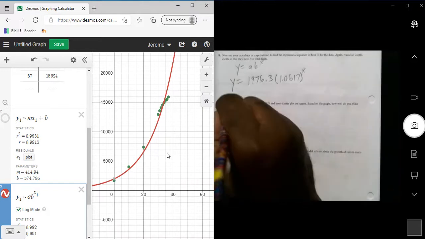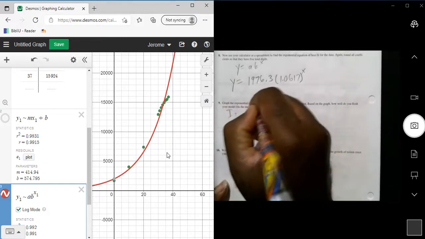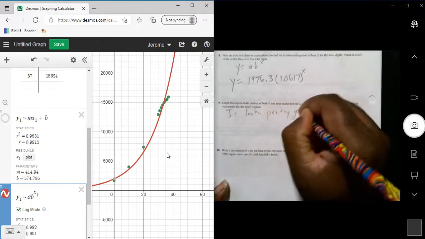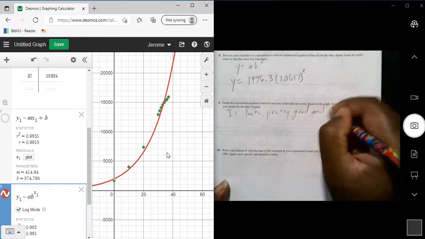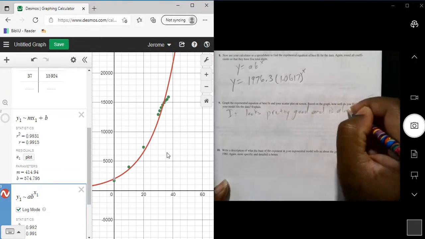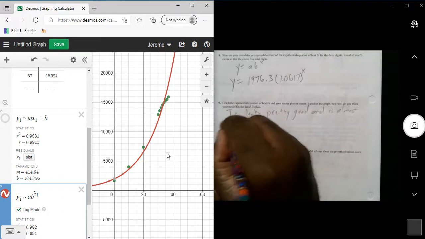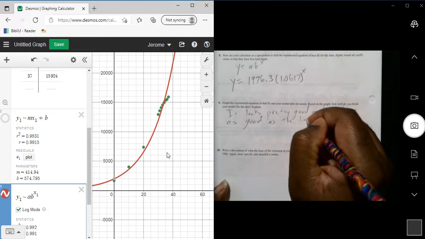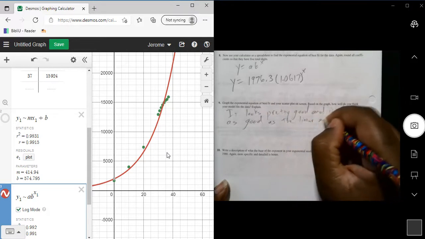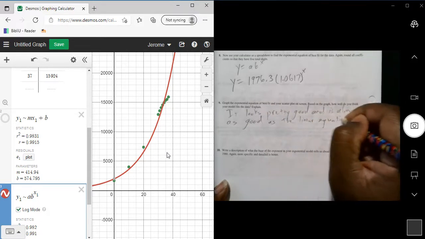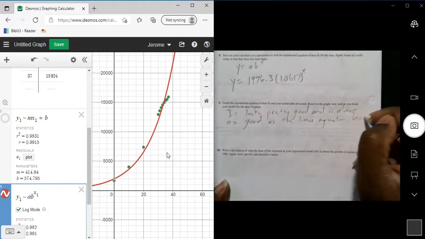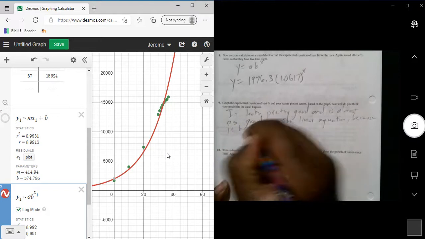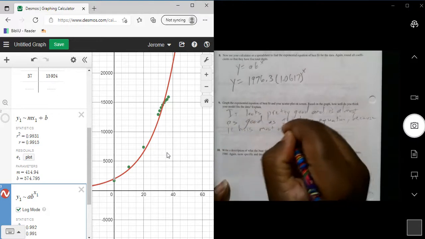So we could say it looks pretty good and is almost as good as the linear equation, because it hits most of the points.